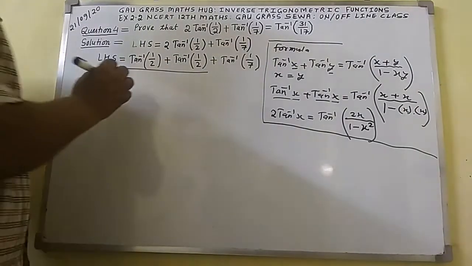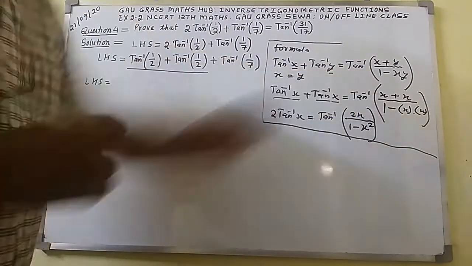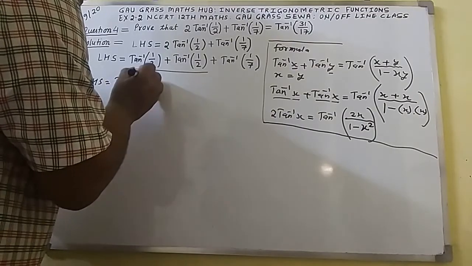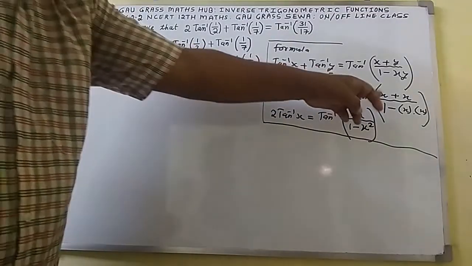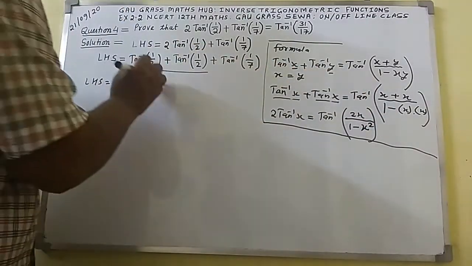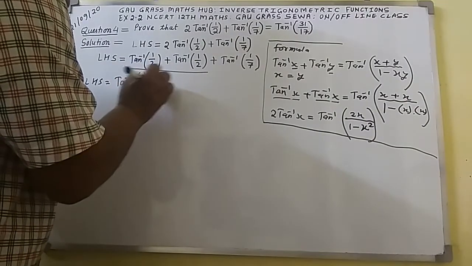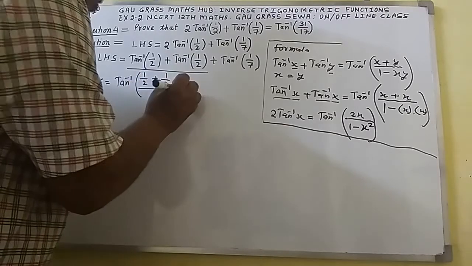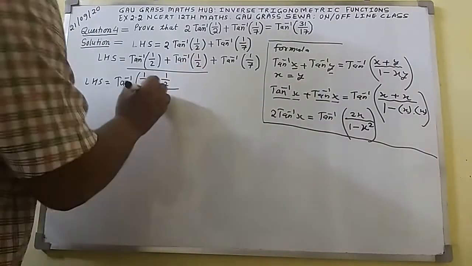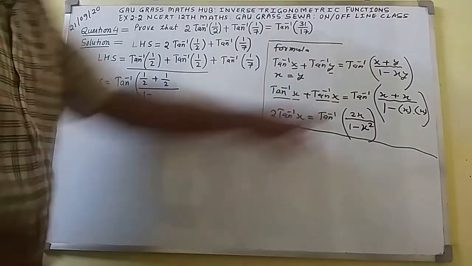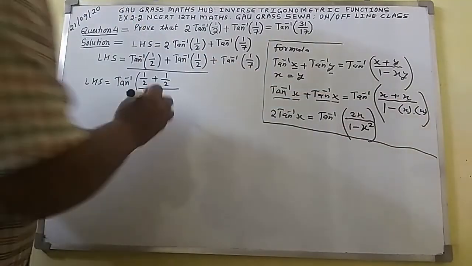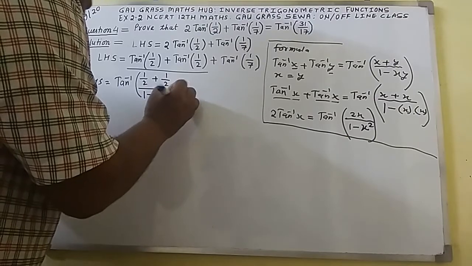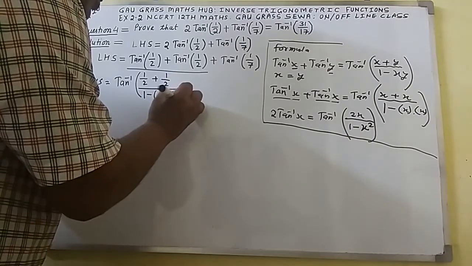So you will get tan inverse of, in place of x, (1/2 plus 1/2) whole over 1 minus, x is equal to 1/2, so I can write 1/2 times 1/2.